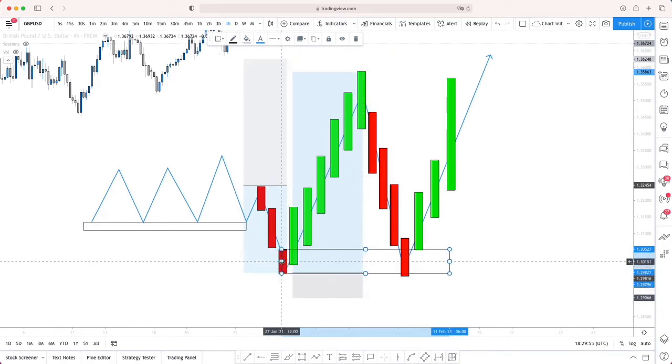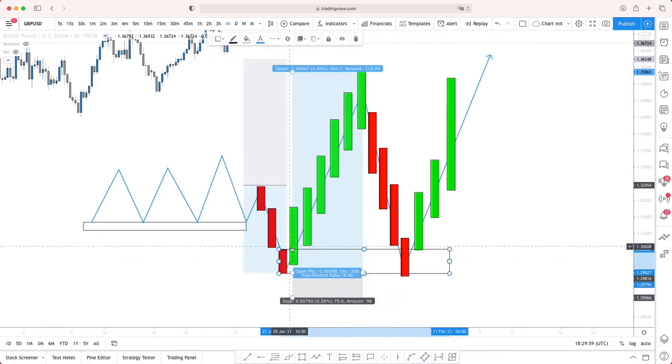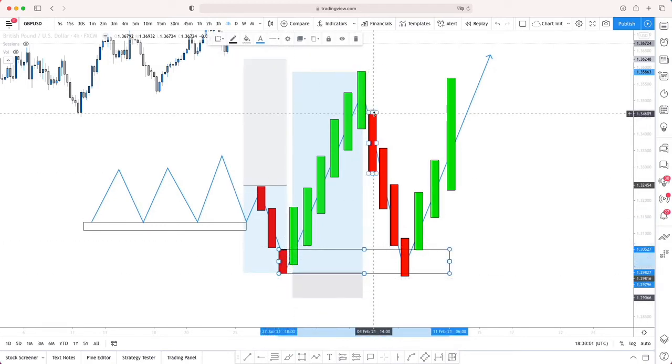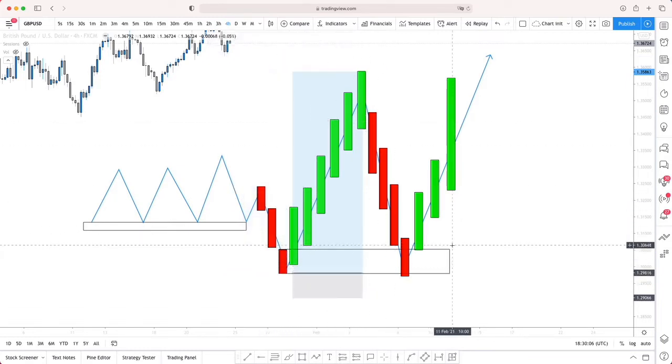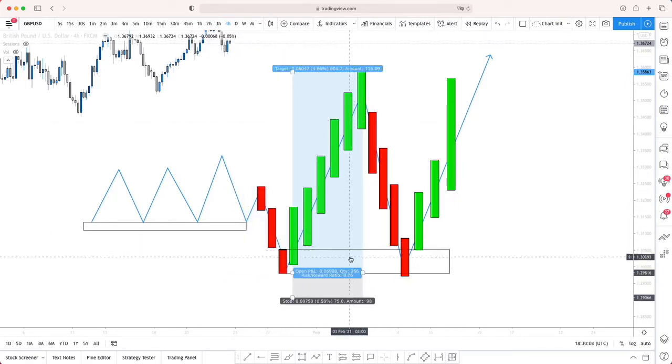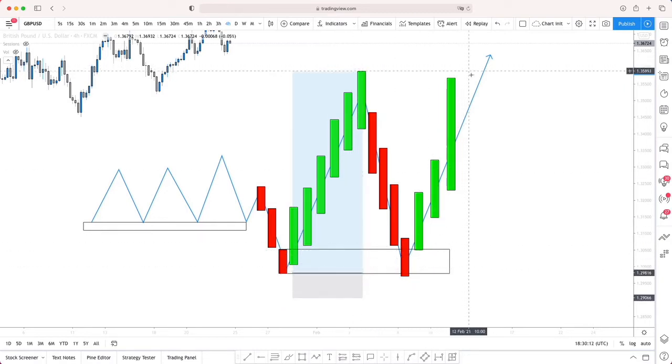Okay, so what does that mean? This is the order block. This is the last place where the institution sold before price was pushed up. So they need to come and mitigate their loss, right? They need to close it either at break even or a small loss, and then they can continue their move as they always wanted to do. So they've always wanted to go bullish, right? But they need to close out this trade.